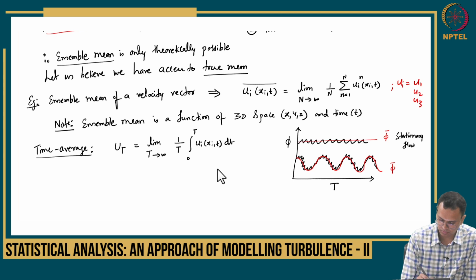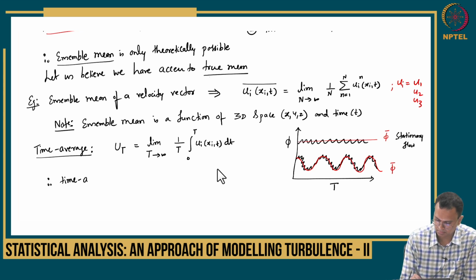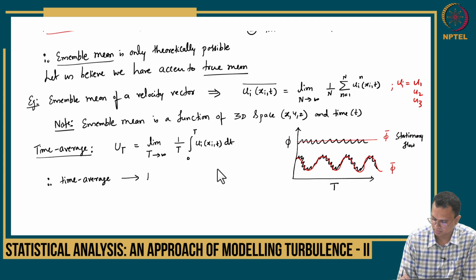Okay, so therefore time average or time mean becomes your ensemble mean only in stationary flows.